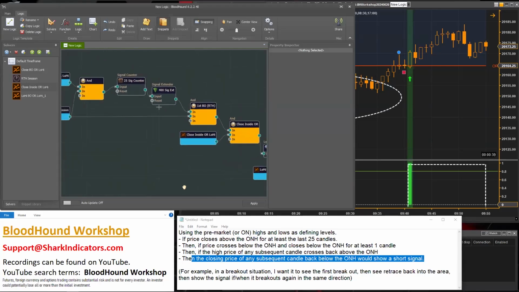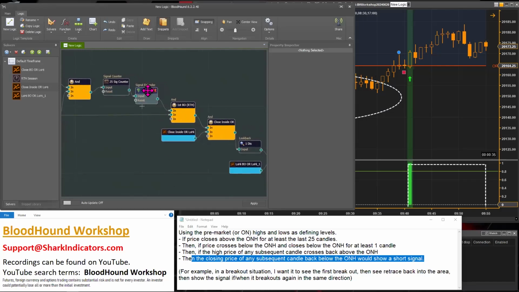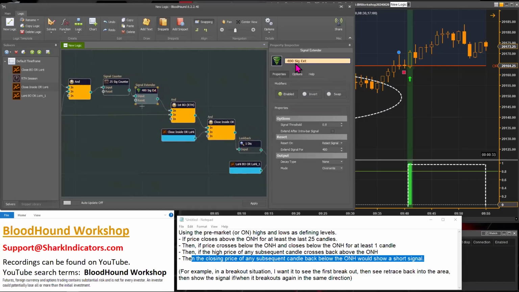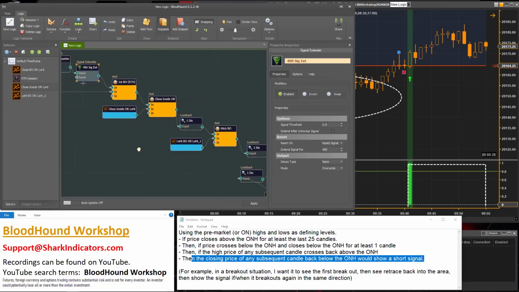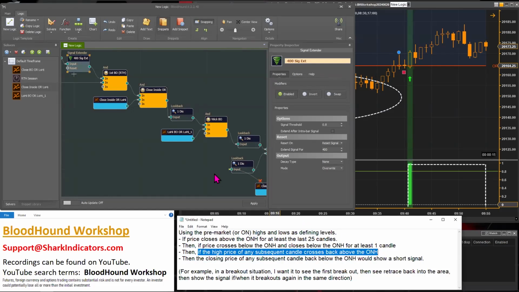If you zoom in, you'll probably have some signal extenders in there, or maybe a toggle node instead of a signal extender. And then you'll have some AND nodes where you're checking for some conditions. You could be using a comparison solver, threshold solver, inflection solver, whatever solver it is, that's finding your next condition.